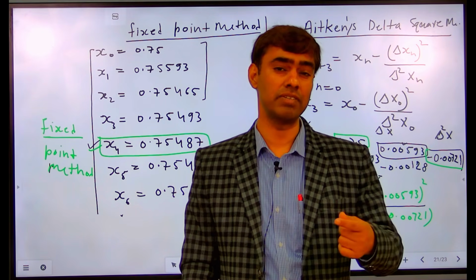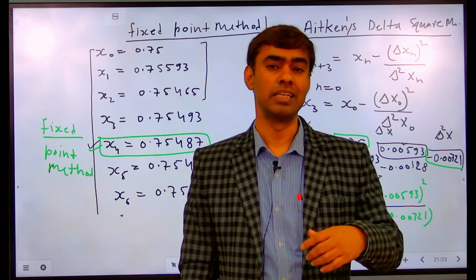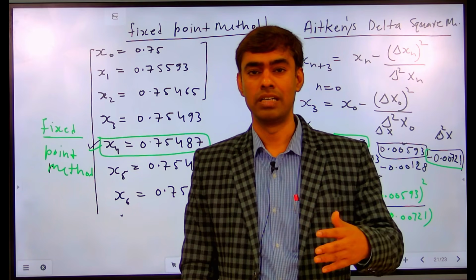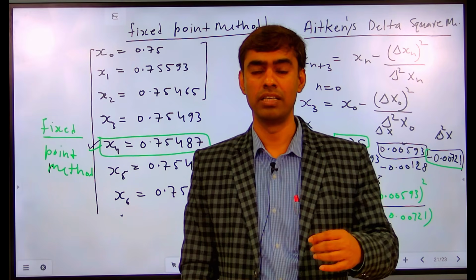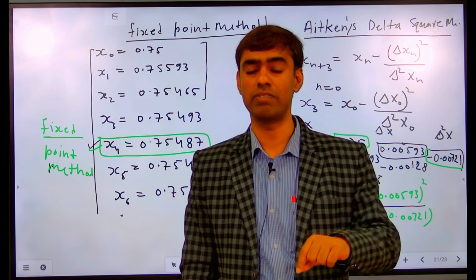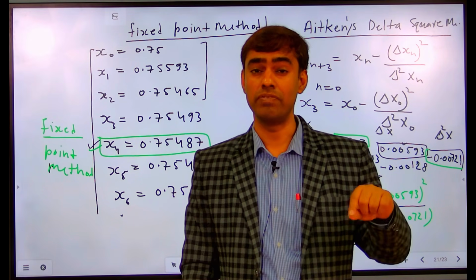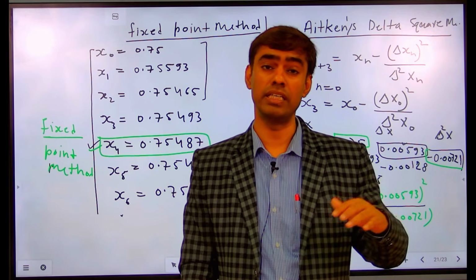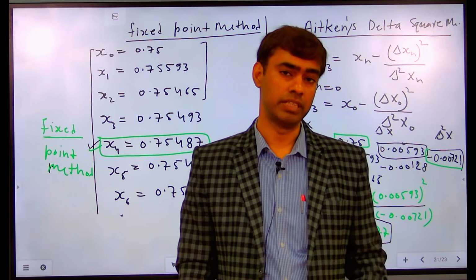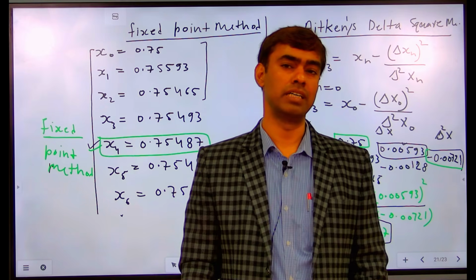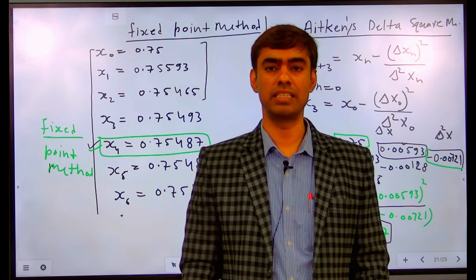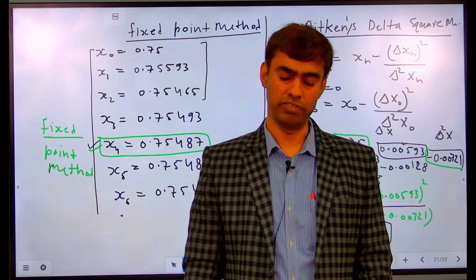To accelerate the rate of convergence means that fewer iterations are required to obtain the same level of accuracy that we calculated in the fixed point iterative method.